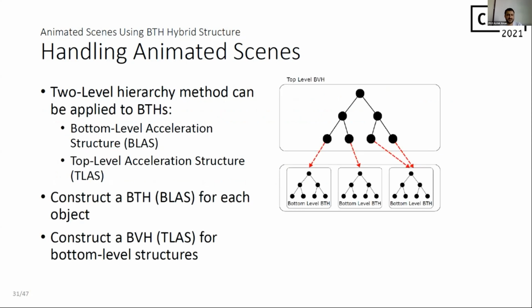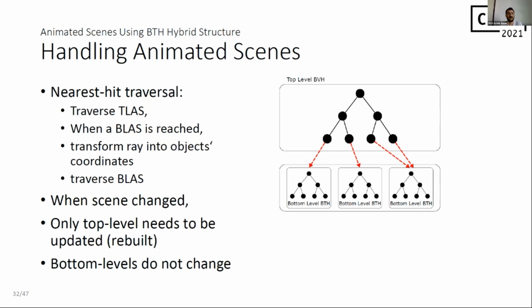In our structure, we utilize a two-level hierarchy. So we have a bottom level acceleration structure, BLAS, and we have a top level acceleration structure. We construct a BTH, which is a bottom level structure, for each object. And then we construct a bounding volume hierarchy, which is actually a top level structure, from these structures.